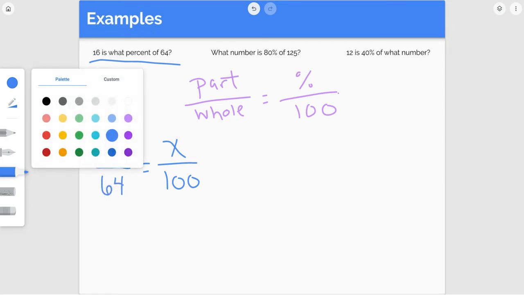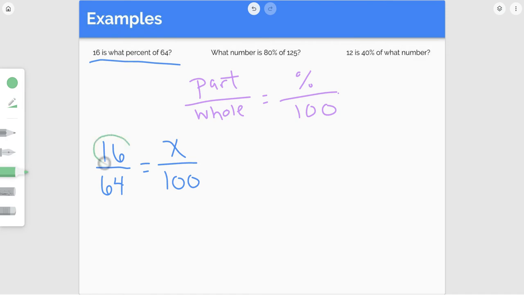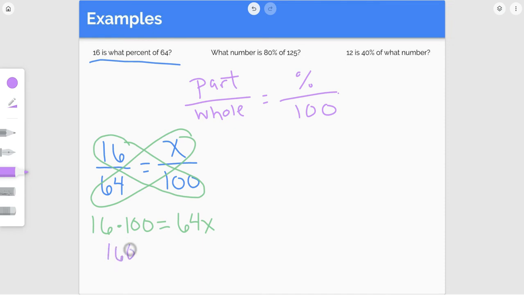Now I can go ahead and I can use cross products to solve for x. So 16 times 100. And you can use a calculator here if you choose to. And then 64 times x, or 64x. Now this is where my inverse operations come into play. So 16 times 100, right, 1600, and 64 times x. So I need to do the inverse of multiplying by 64 to get x on its own.